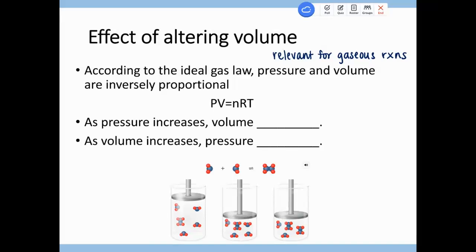According to the ideal gas law, pressure and volume are inversely proportional. If you increase pressure, like starting here and then adding pressure, you're decreasing the volume. So that's what these next two bullet points say. As pressure increases, volume decreases. Or if volume is increasing, pressure is decreasing. Or pressure decreases, volume increases, vice versa.